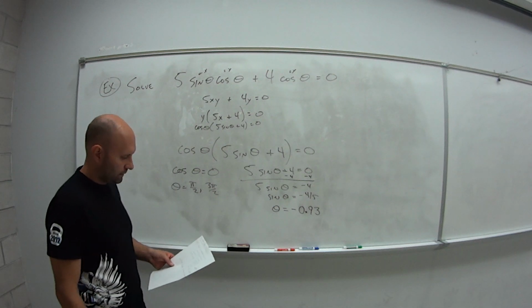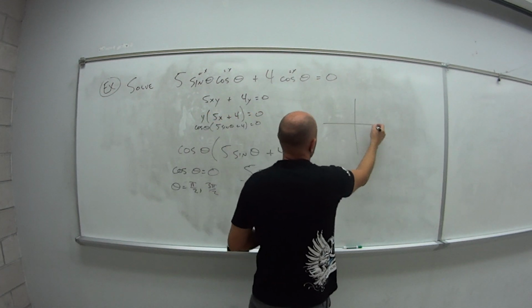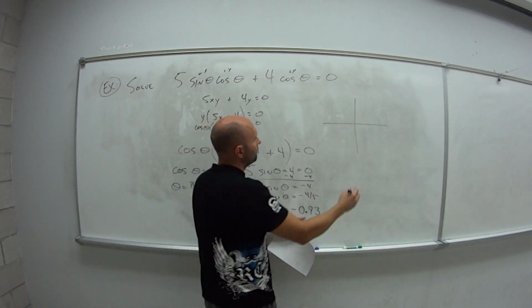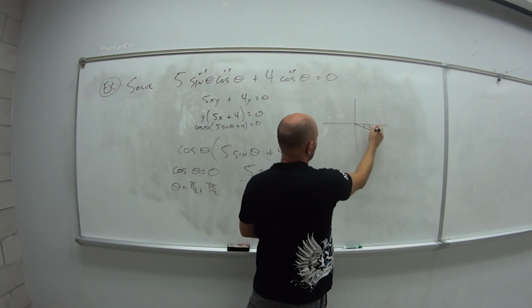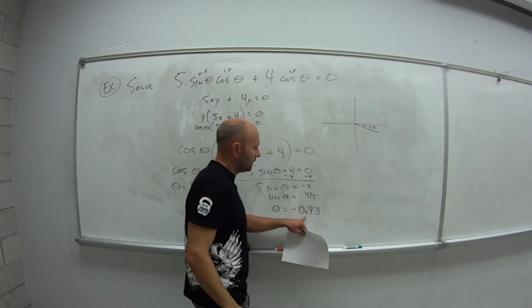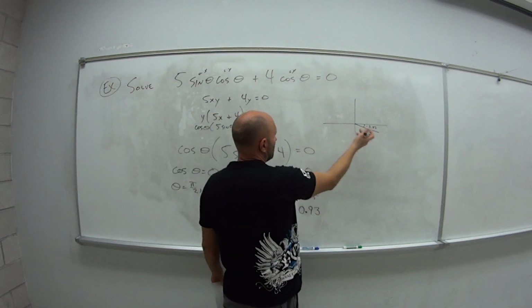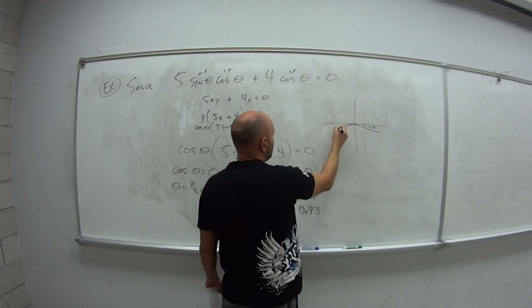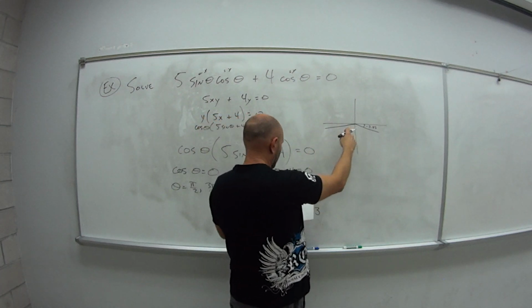So that means what? On the unit circle, negative 0.93 would put us somewhere over here. But remember, we have that issue, it's on both sides. So we also have the sort of mirror angle over here.